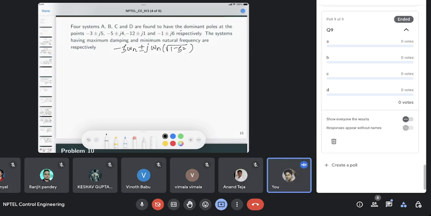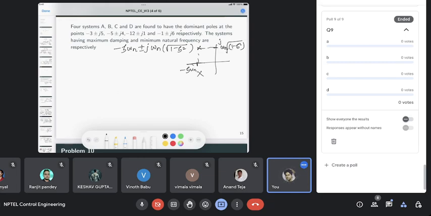So just draw this picture. You have these complex conjugate poles with minus eta omega n on the real axis, and omega n times square root of 1 minus eta square on the imaginary axis.